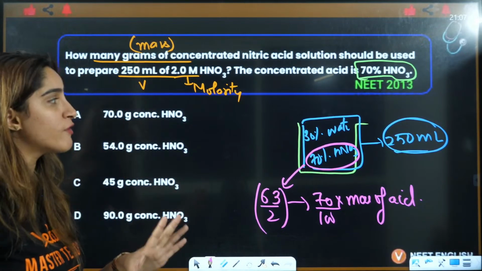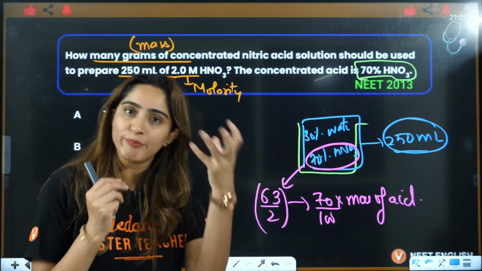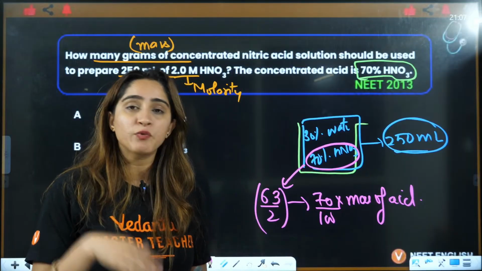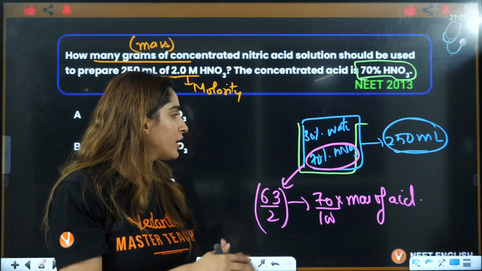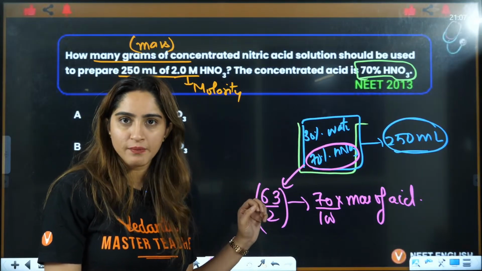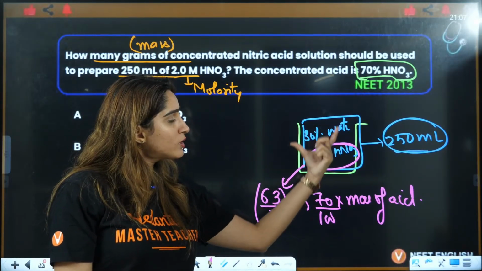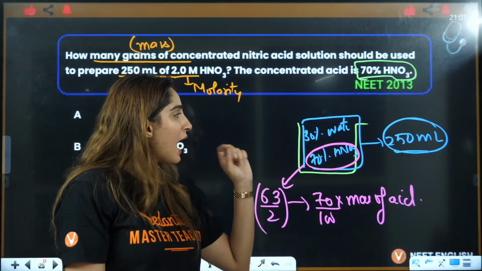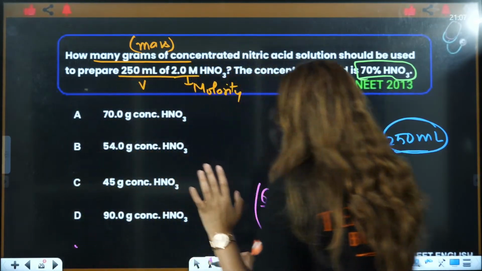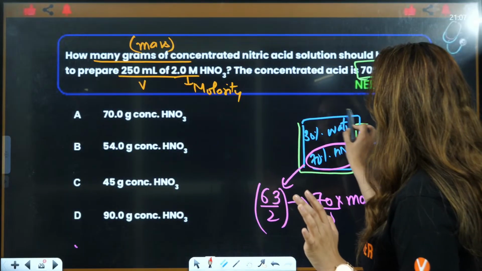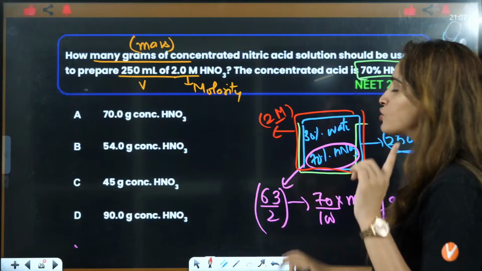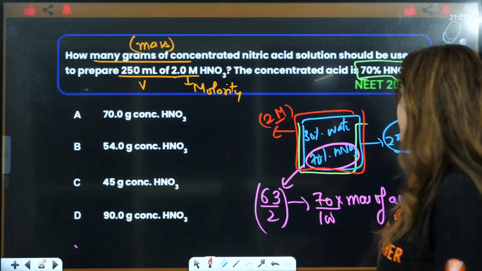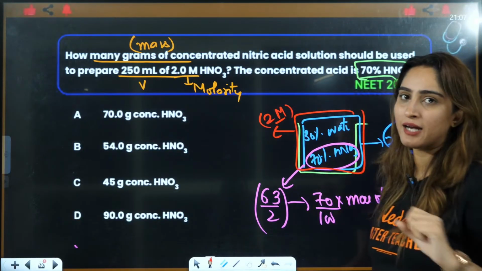Is this thing clear to everybody? What we are doing here? We have a beaker. We are adding 30% water and 70% we are adding HNO3. Now, total solution will be 250 milliliters, and after doing this, the molarity is becoming 2 molar. So now we are given the volume and the molarity of this solution.